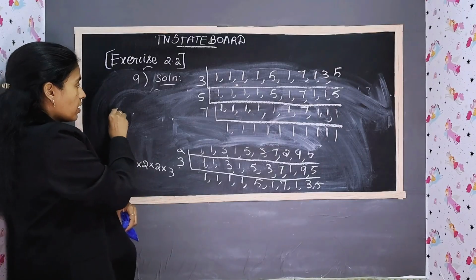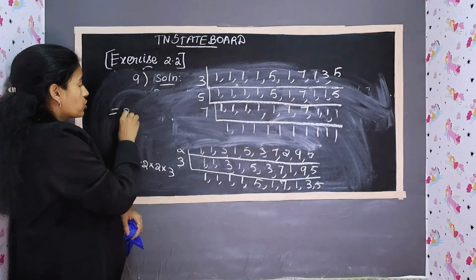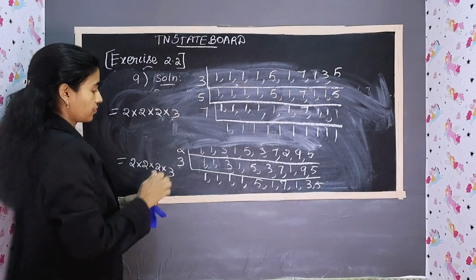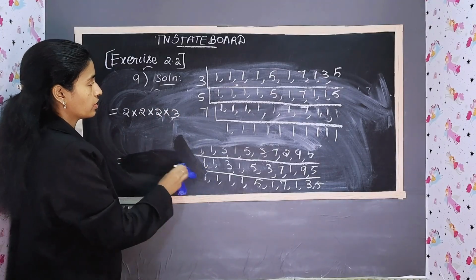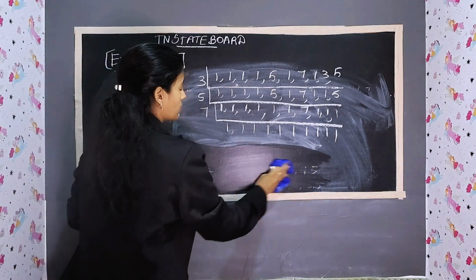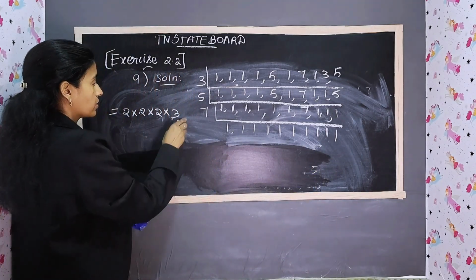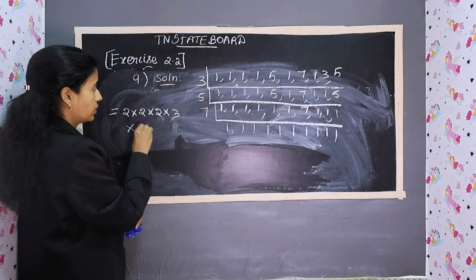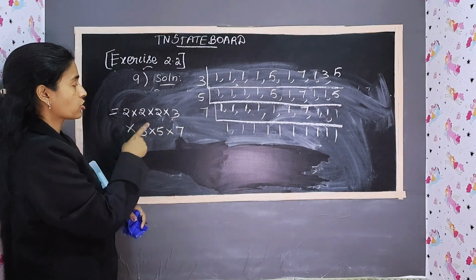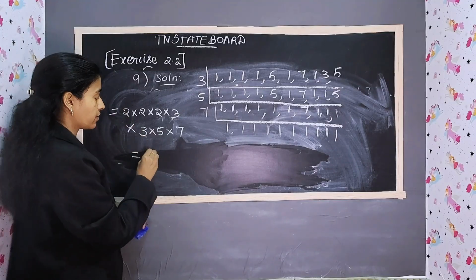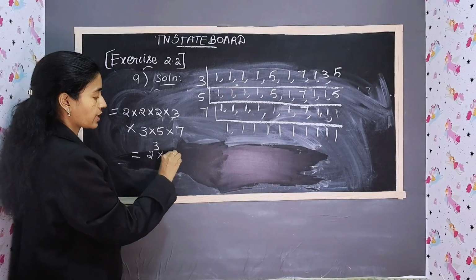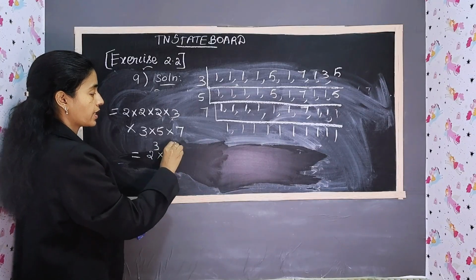So the prime factors are first 2 into 2 into 2 into 3, next 3, 3 into 5 into 7. That is 2 into 2 into 2 into 3 into 3 into 5 into 7. 2 is coming 3 times, so I can write 2 power 3. 3 is also coming 2 times, so I can take 3 power 2, right?